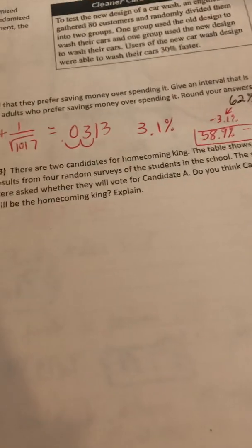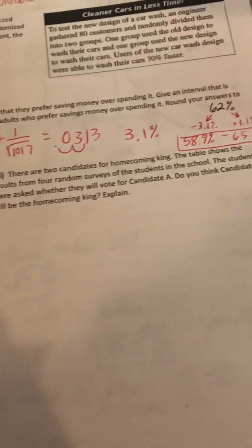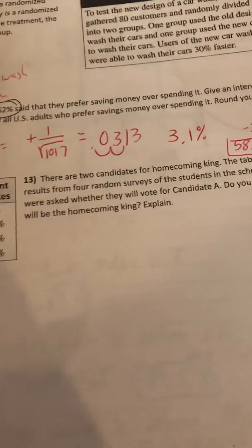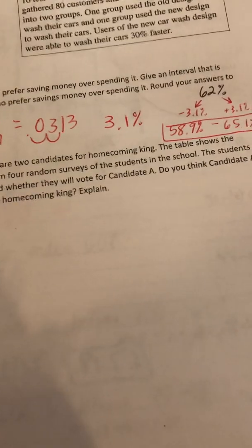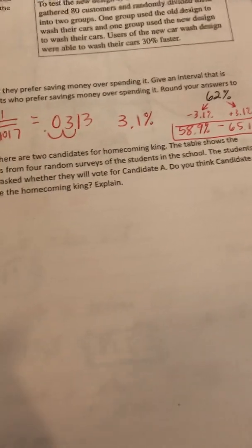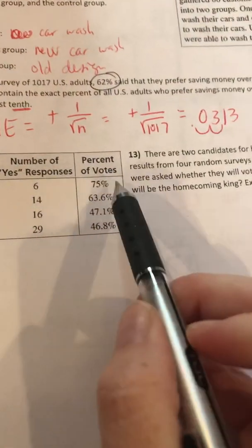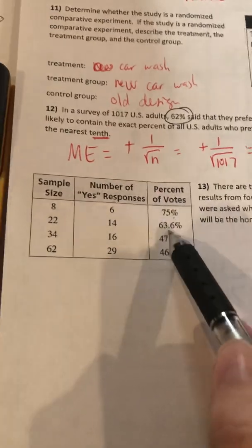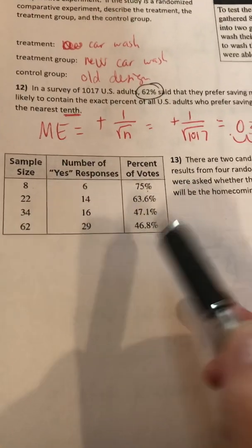Number 13 says there are 2 candidates for homecoming king. The table shows the results for 4 random surveys of the students in the school. The surveys were asked whether they vote for candidate A. Do you think A would become homecoming king? And so when we have a smaller sample size, it's high. But the more people they ask, the less likely it is.